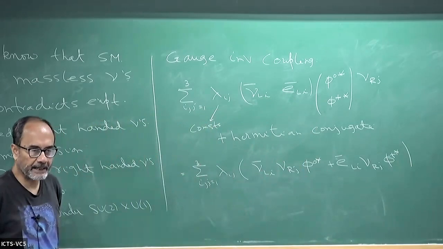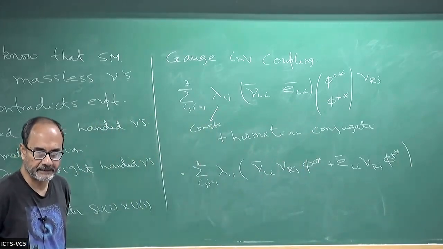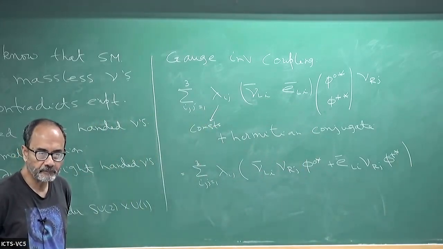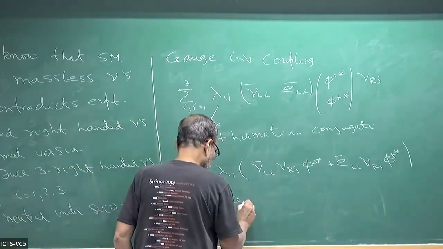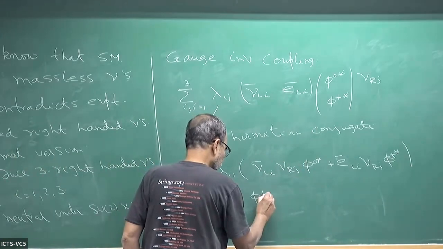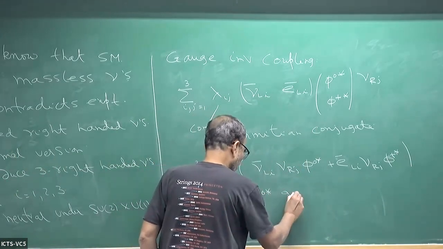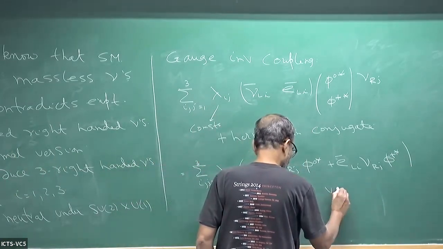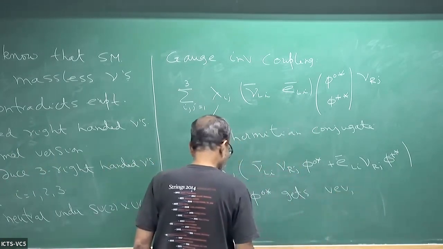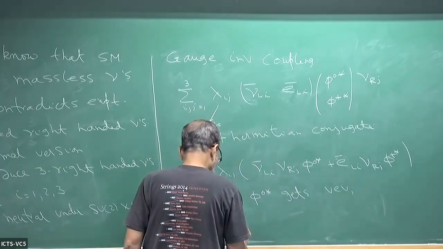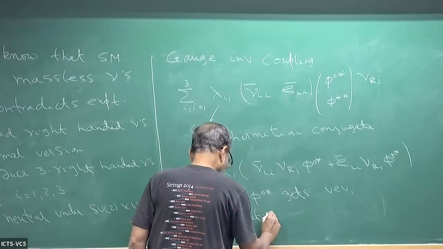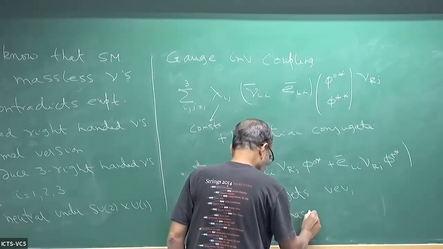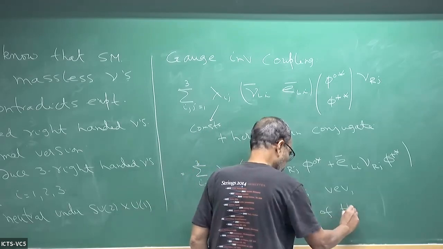So these look like not mass terms but interaction terms. But then once phi 0 star gets a vacuum expectation value, we get an effective mass of the neutrino.